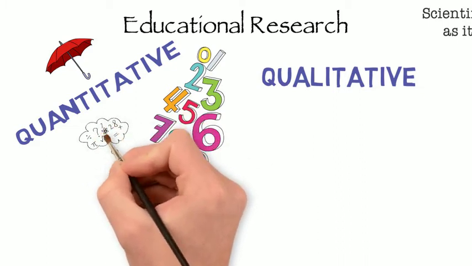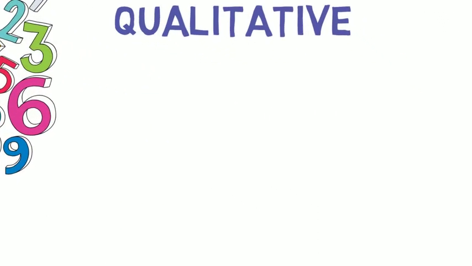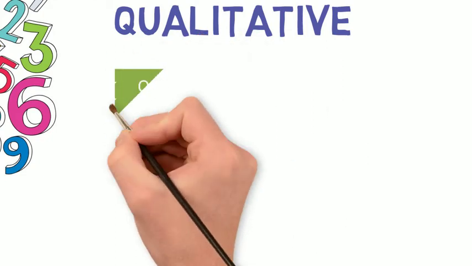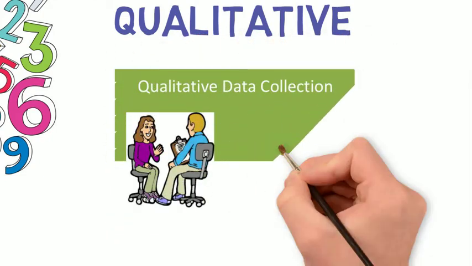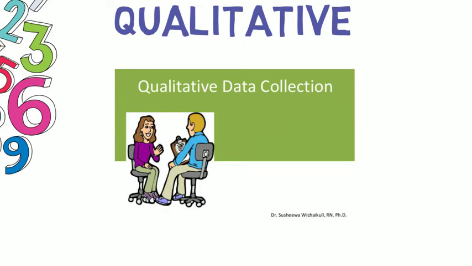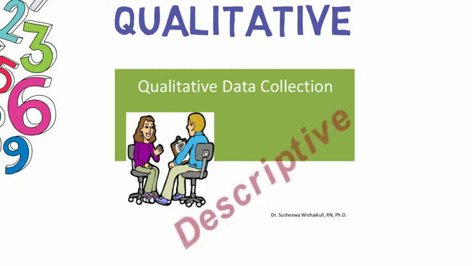Other studies involve qualitative research. They yield non-numeric data. Those are things like interviews, case studies, observations of teachers, things that you really can't put a number to. Qualitative studies are really only descriptive studies.